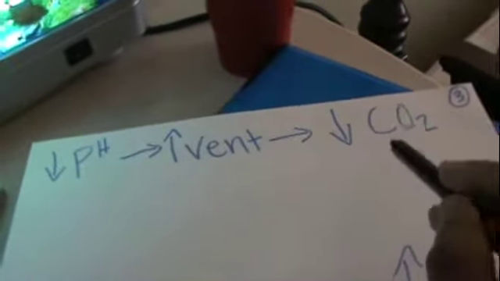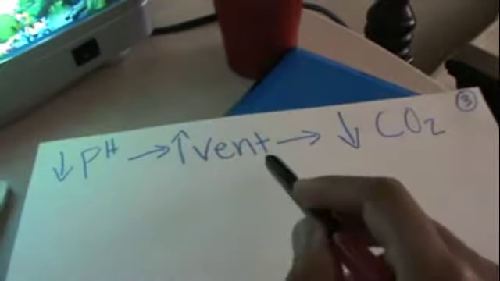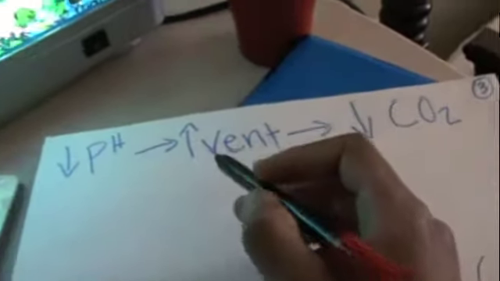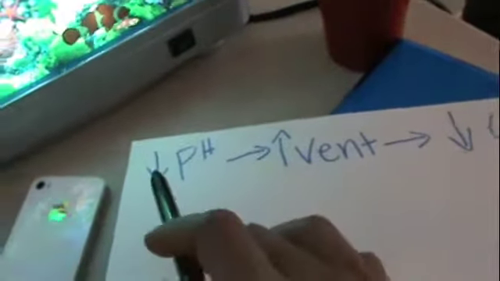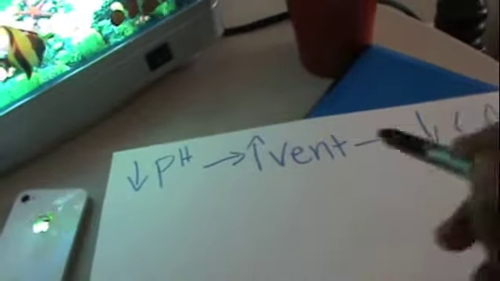When you breathe too much, you lose a lot of CO2. Let's say someone gets excited when they get their present, and they are losing a lot of CO2. So their pH will go down also when you have high ventilation. They are always opposite.